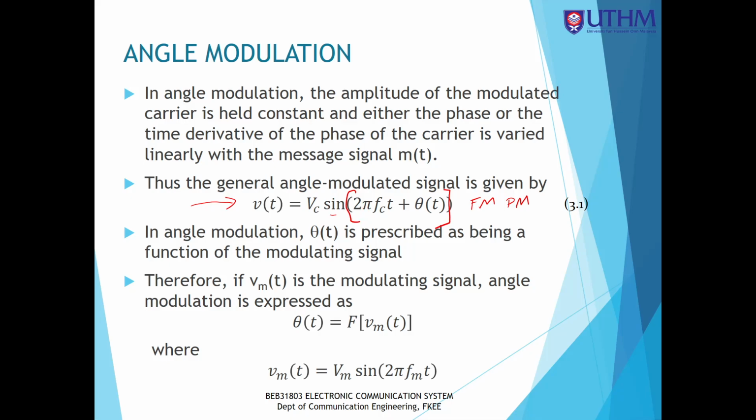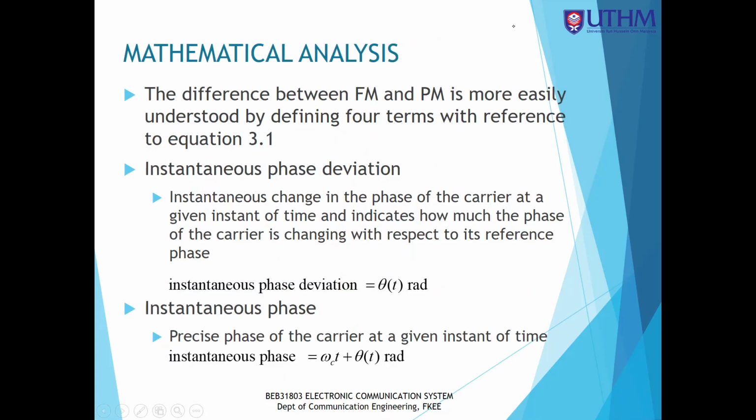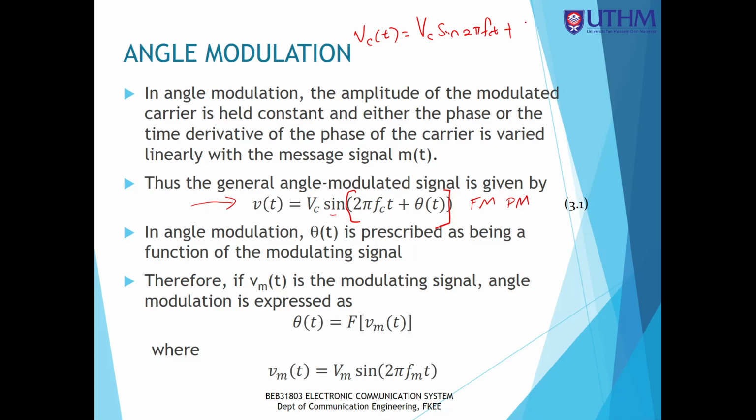In previous semesters, a careless mistake by students was like this: students tend to write sine 2 pi fct, plus theta t, outside the bracket.